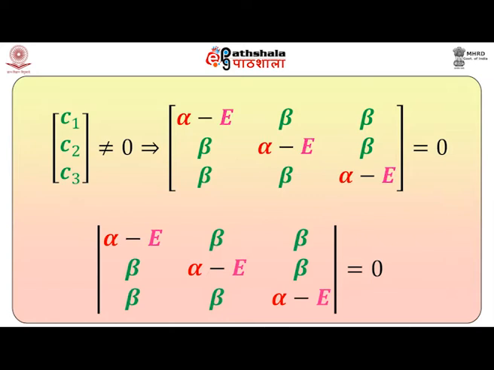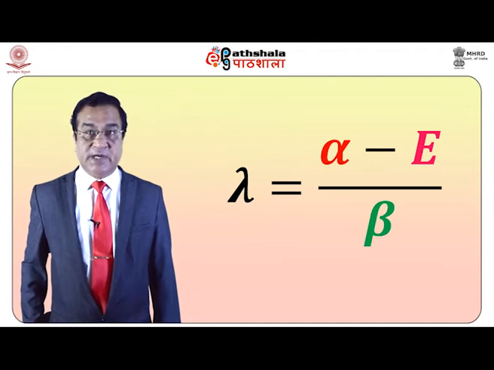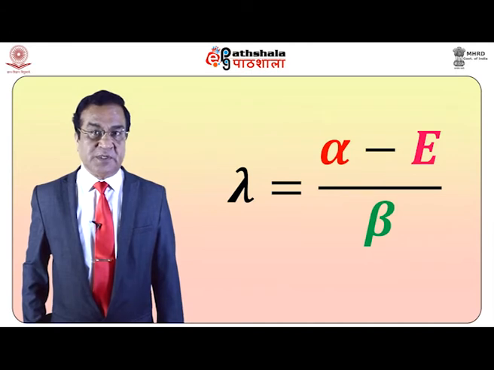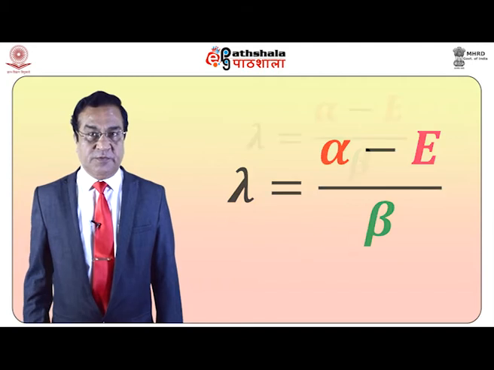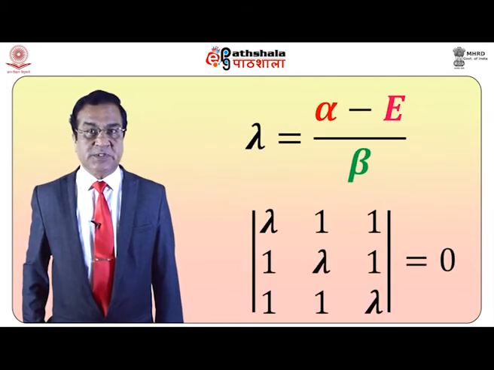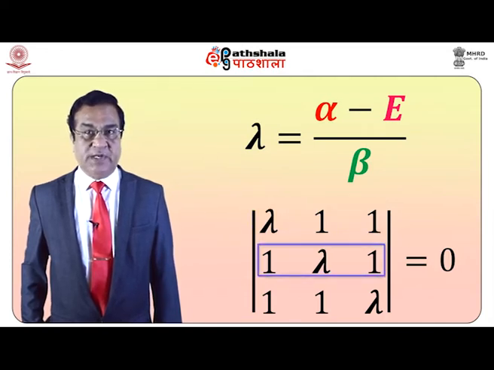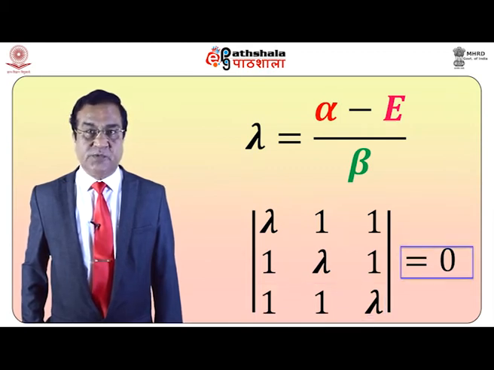Now to further simplify this Huckel determinant, we make the following assumption: alpha minus E upon beta is taken to be equal to lambda. Once we substitute, the Huckel determinant simplifies to the following form: the first row is lambda 1 1, the second is 1 lambda 1, and the third is 1 1 lambda, and this has to be equal to 0.